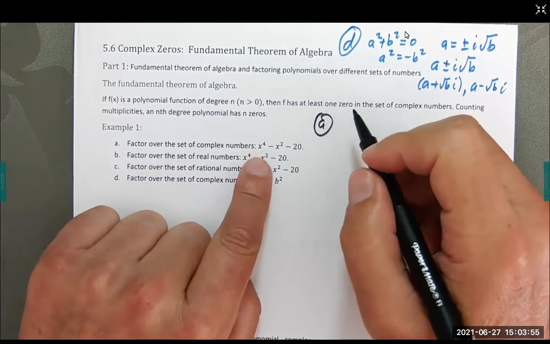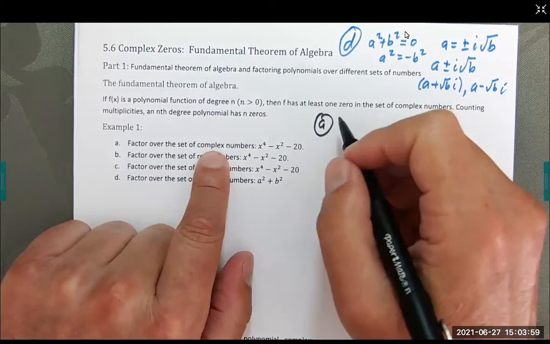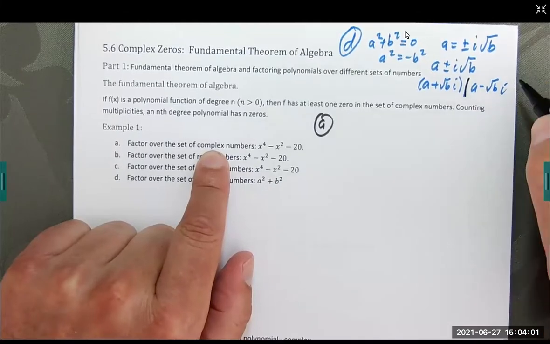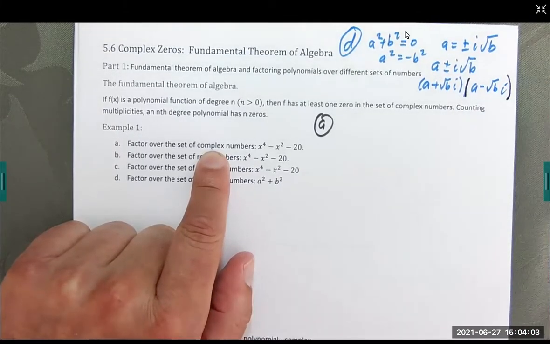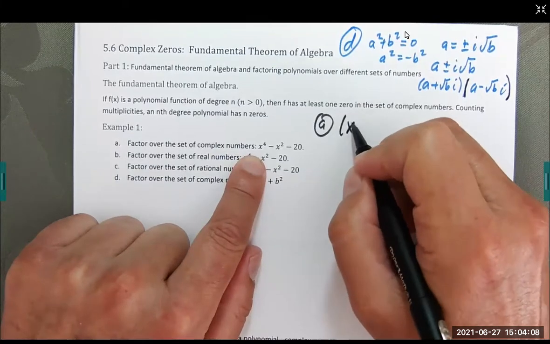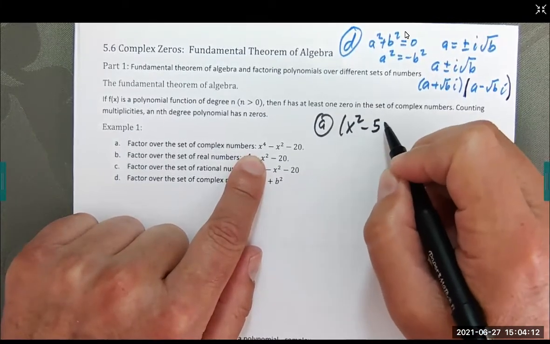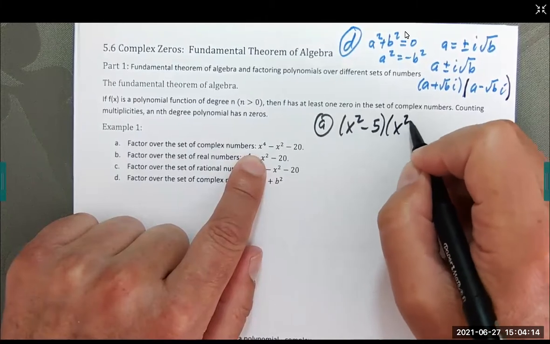And we're going to factor this over the complex numbers, meaning we're going to get these kind of factors going on here. So this factors into x squared minus 5, x squared plus 4.